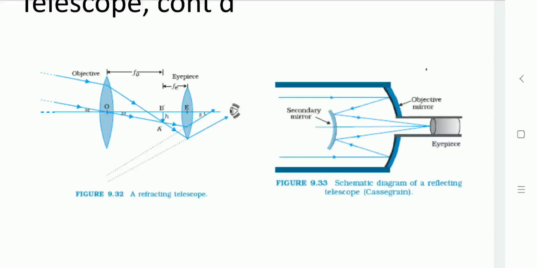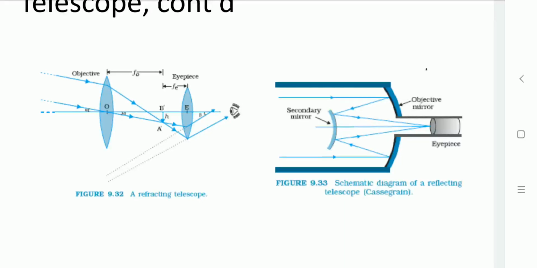So magnification is the ratio of h by fe into f0 by h, that is equal to f0 by fe. And f0 plus fe is the total length of the telescope tube. For terrestrial purposes, this telescope has an addition, a pair of inverting lenses to make the final image erect.